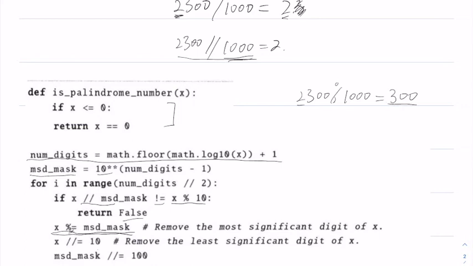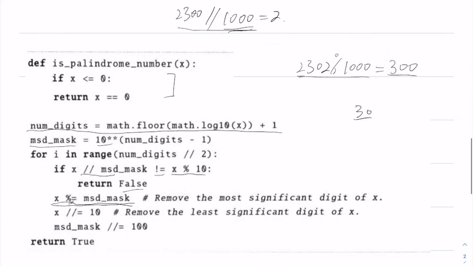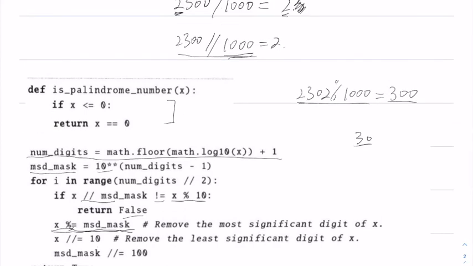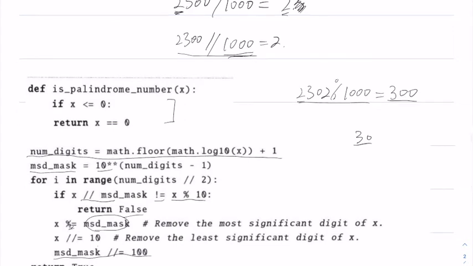We are extracting out the least significant bit, and we're extracting out the most significant bit. So after this operation, this number is going to become 30, and we're going to check 30 next. And of course, since we're going to use this kind of masking every time in a loop, we have to modify this mask too.